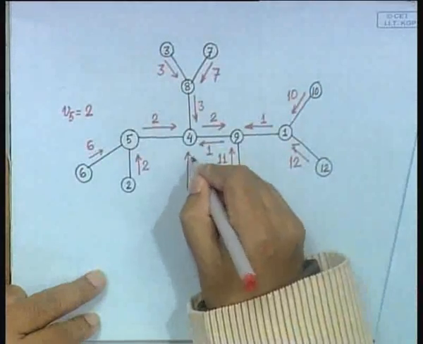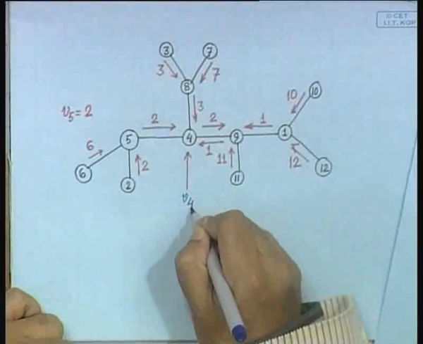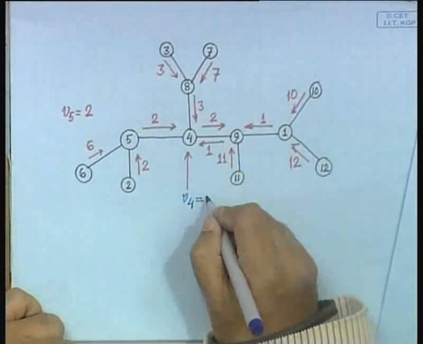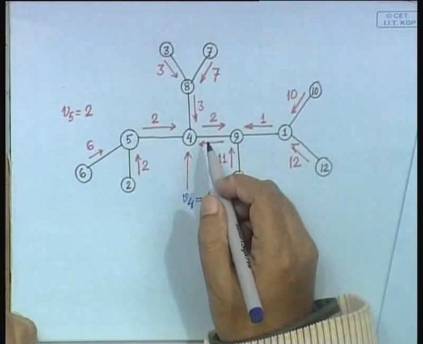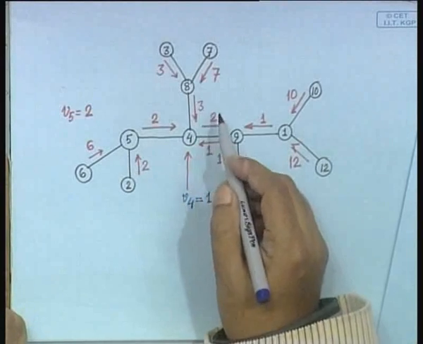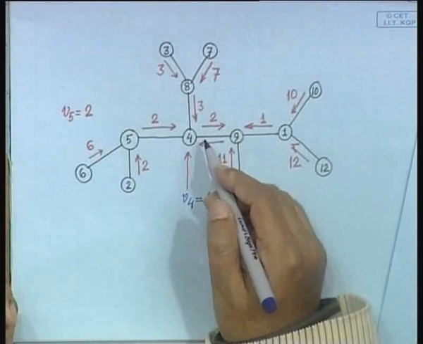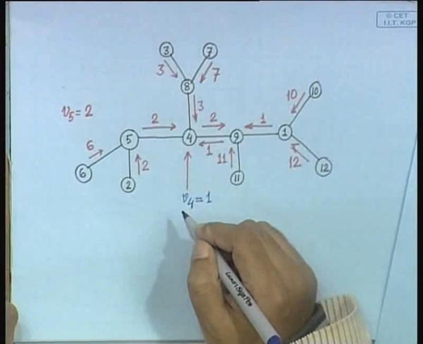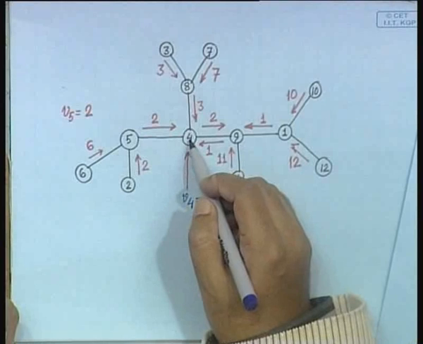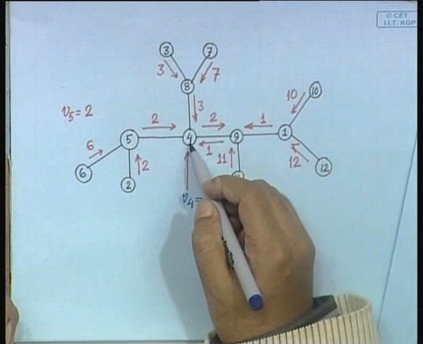So, on receipt of this message, it will update V4 to 1, right. But see, at this point of time it has got tokens from all its neighbors, right. So, it checks whether V4 is equal to 4. Well, it is not. So, it declares itself as a loser. It knows it has lost the election, right.